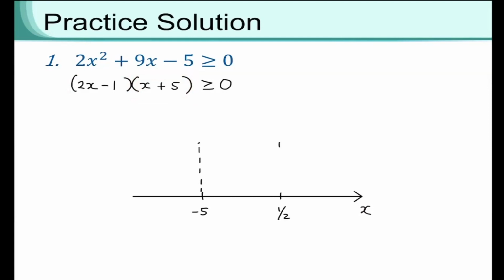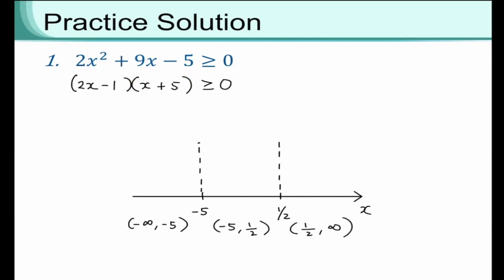So now we can divide our real line into the following intervals: negative infinity to negative 5, negative 5 to positive 1/2, and 1/2 to infinity.